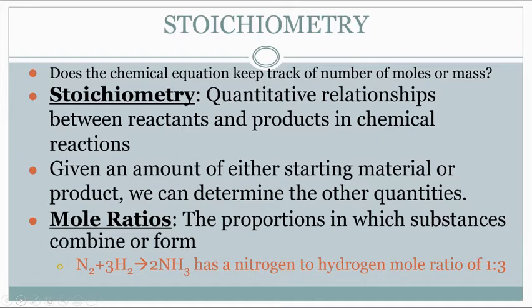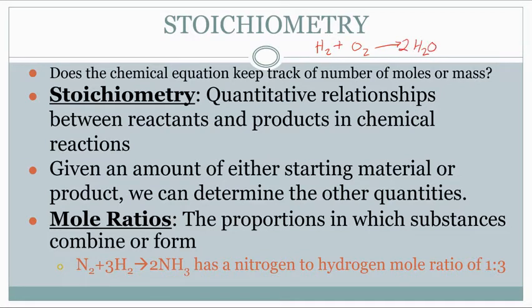So what is stoichiometry? The first thing that we need to think about is, when we're looking at chemical reactions, does the equation keep track of the number of moles or the mass? Let's say I had H2 plus O2 yields H2O.